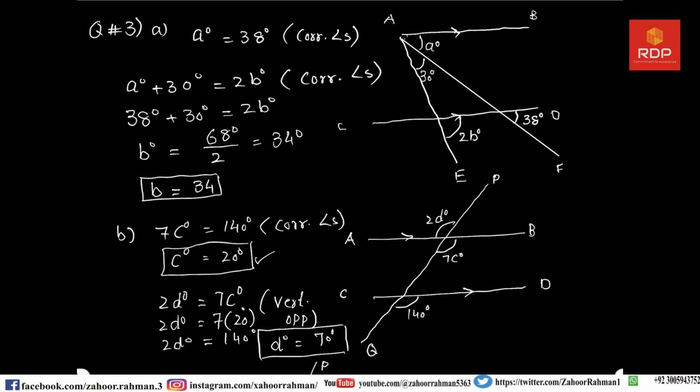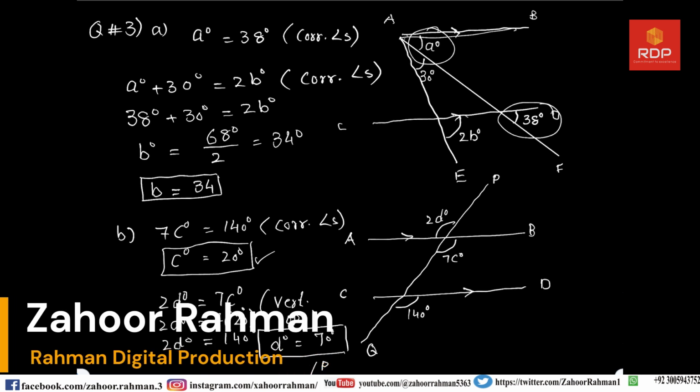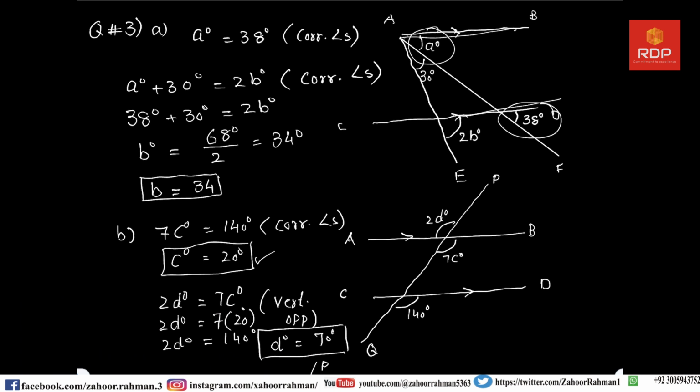Now A degree is equal to 38 degrees if you are considering only this transversal line. Then this angle and this angle are at the same position of the parallel lines. This A degree is at the same position of this parallel line and 38 is at the same position of this parallel line.